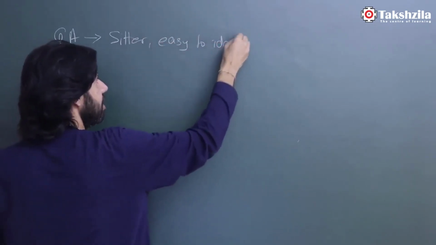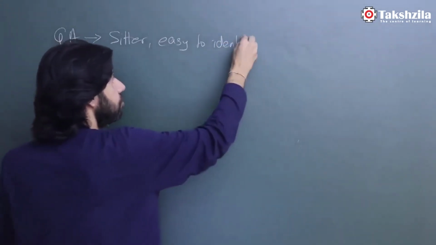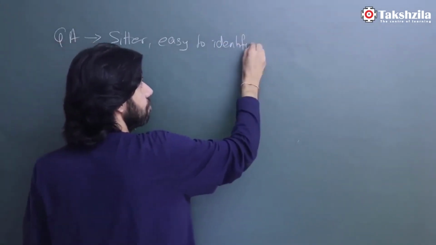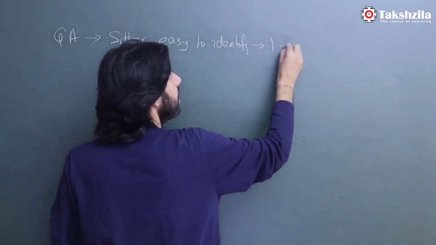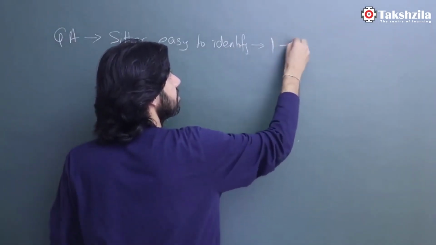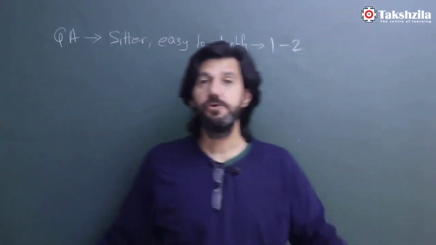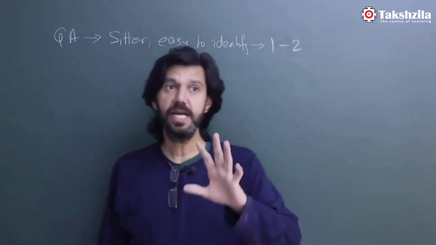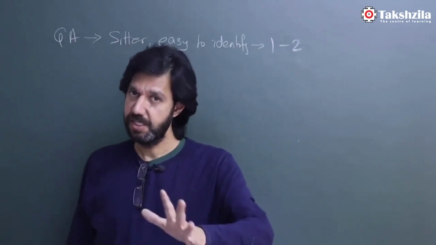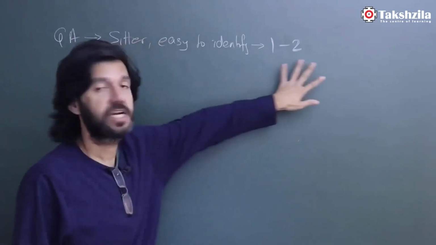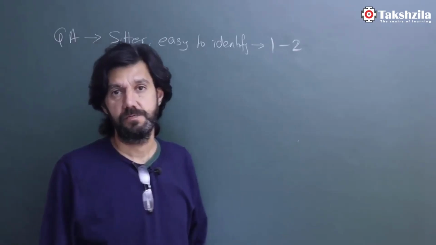They are very easy to solve, but you should also be able to identify those questions, where there are only 1 or 2 in every paper. That's it. If I scan the full paper in CAT, I can get almost 4 or 5 such questions, but in XAT I'll not get more than 2 such questions.